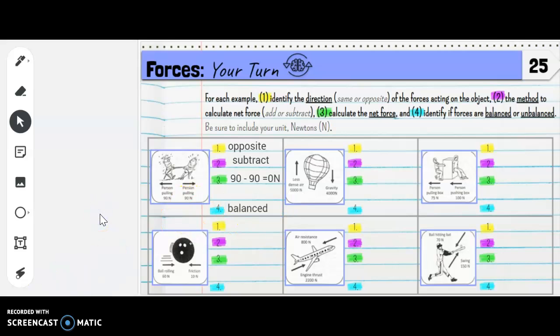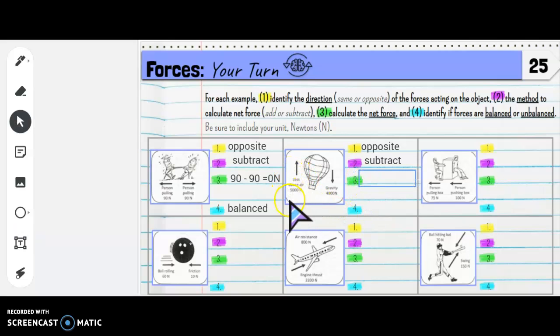Looking at the next image, we have less dense air pushing up with 5,000 newtons and gravity pushing down with 4,000 newtons. So to answer the question, first identify the direction, and I see the arrows are going the opposite direction. Second, identify the method to calculate the net force. Since they are working against each other, we're going to subtract. Then we're going to actually calculate the net force for number 3.